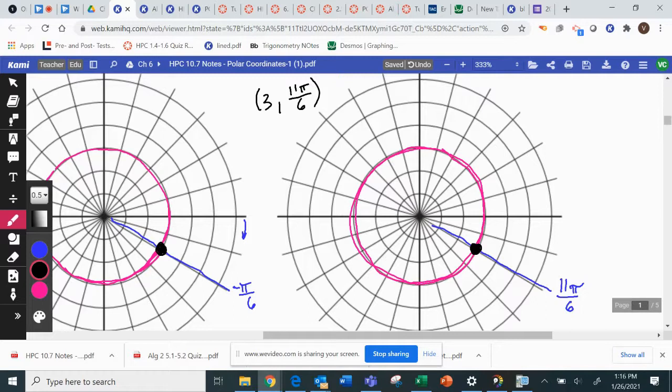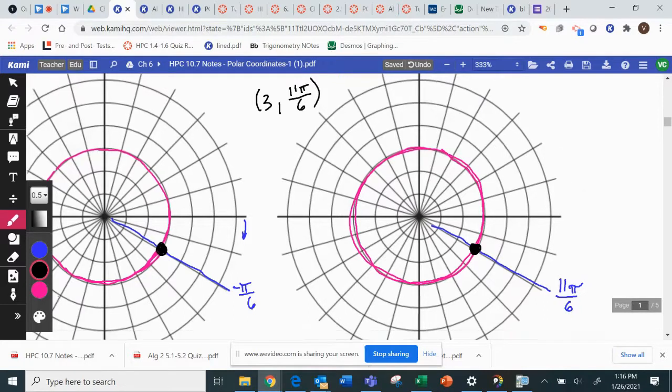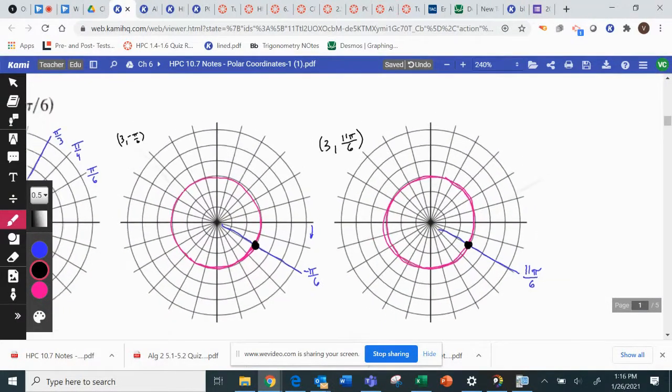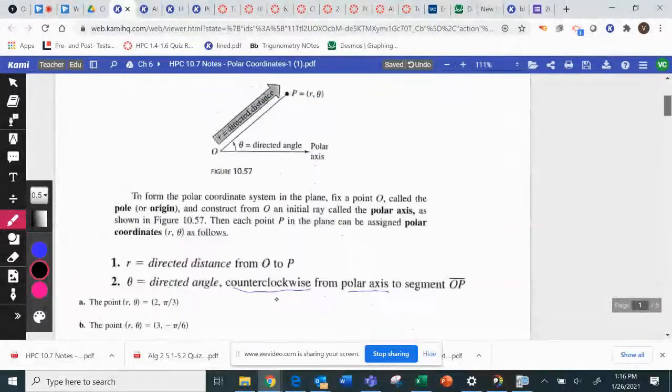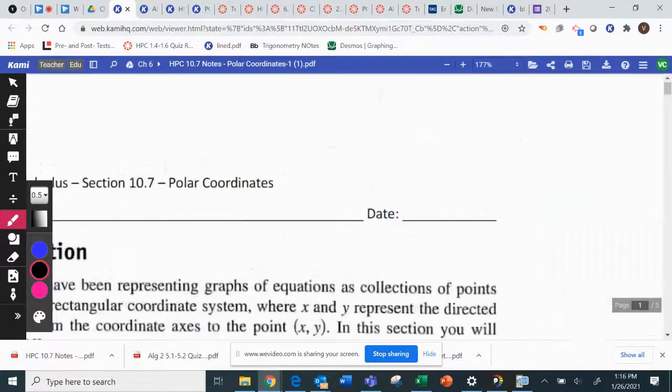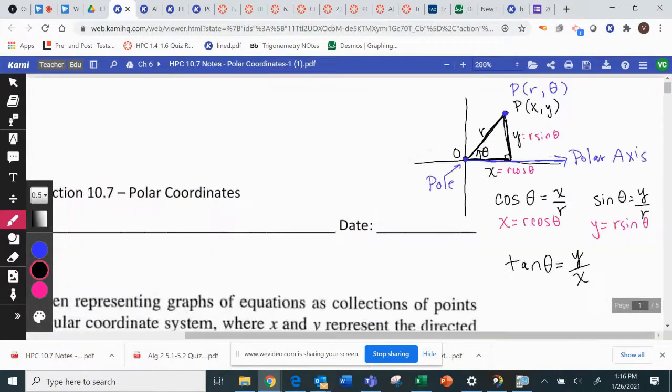Now, with polar, it seems pretty straightforward. We were able to get the exact same location in this top corner, in two different planes. One's the Cartesian plane, the rectangular plane, the X and Y plane.